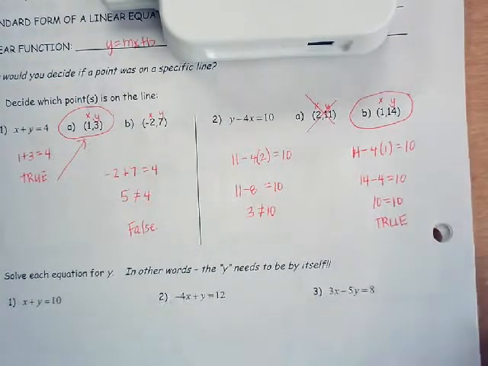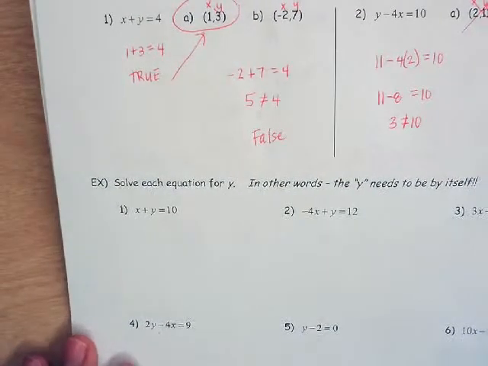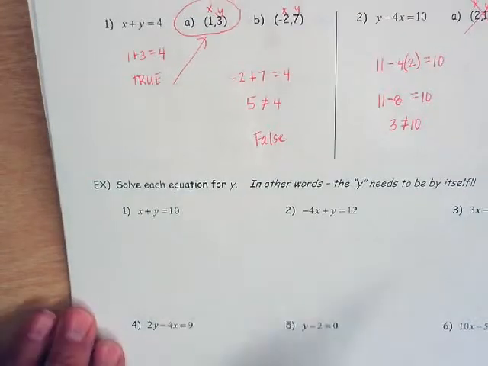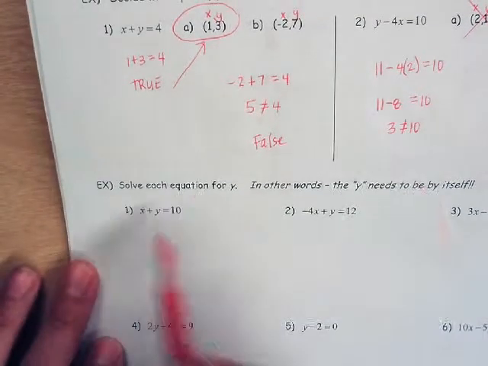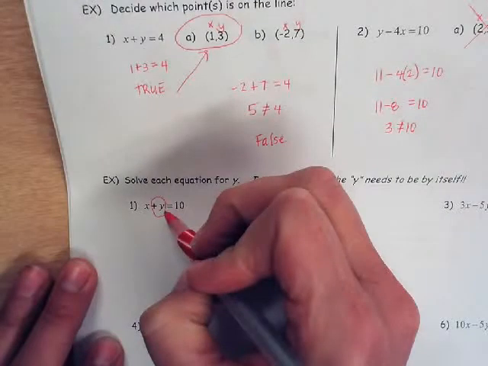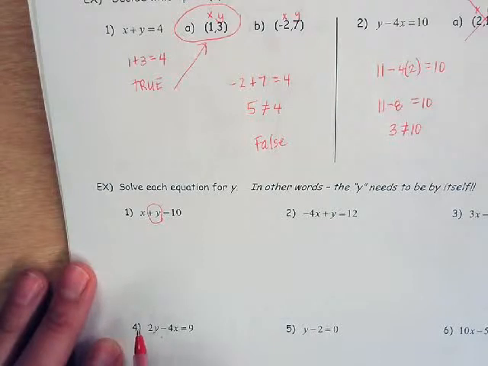Okay, let's go down here to this example 1. Solve each equation for y. So we're just trying to get y by itself. This is something we worked on last set of notes that we did. So circle our y, because that's what we're trying to get by itself, and anything outside the bubble, I need to move to the other side of the equation, or subtract it from both sides, or add it to both sides.